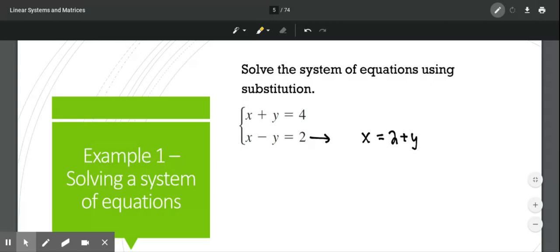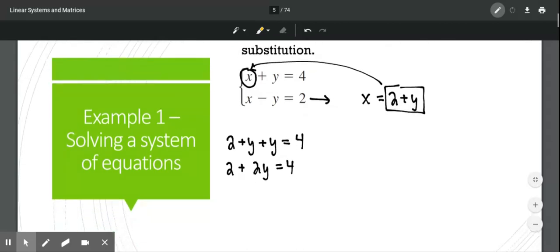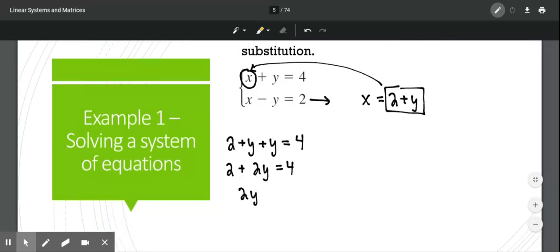And then I'm going to take that 2 plus y and substitute it into the x in my other equation. So I'll have 2 plus y equals 4. If we start simplifying, you get 2 plus 2y equals 4. So 2y equals 2, which means that y equals 1.